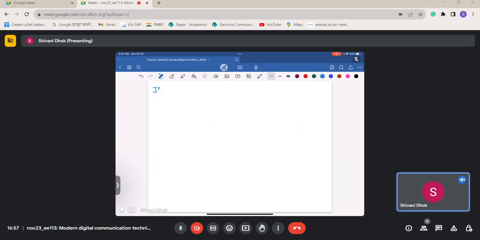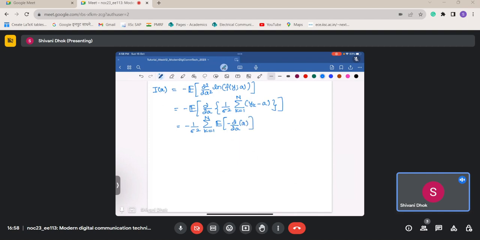So we need to find IA is equal to minus of expectation of del 2 by del A square log of f of y given A. Okay, so this is equal to minus of expectation of del by del A of the first difference, which was 1 by sigma square summation k running from 1 to capital N yk minus A. So this comes out to be minus 1 by sigma square summation k running from 1 to capital N expectation of this yk goes to 0 minus del by del A of A, which is equal to 1, and the expectation of a constant is that constant itself.